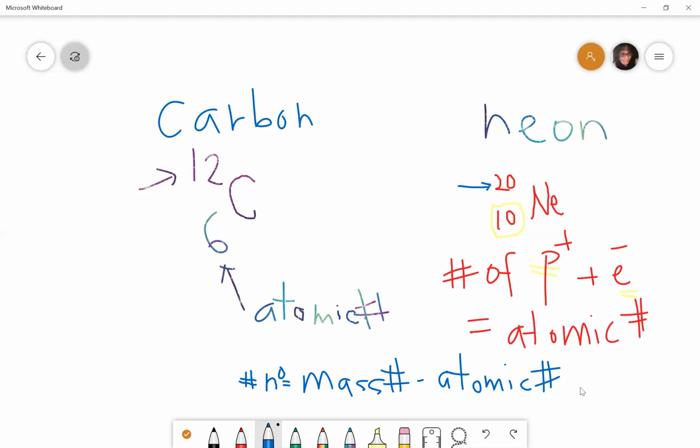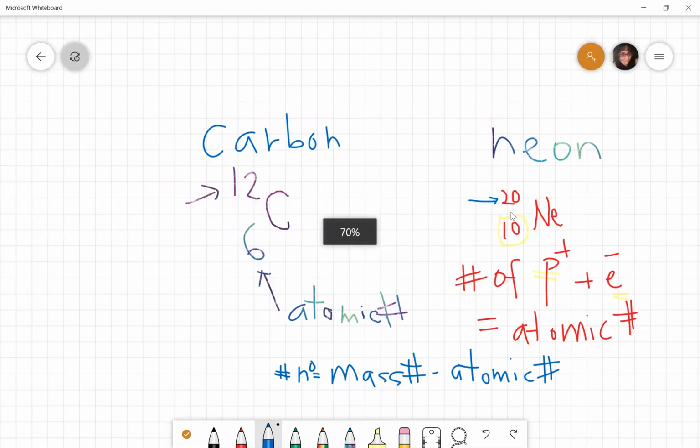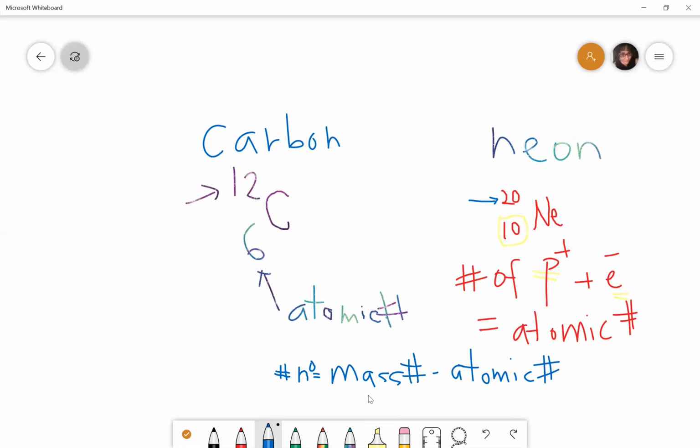So in the case of neon, that would be 20 minus 10. Hopefully we can all do 20 subtract 10 in our head to give us 10 neutrons. If you wanted to do that for carbon, same idea. You'll just do 12 minus 6, and hopefully you figured out that carbon has 6 neutrons.